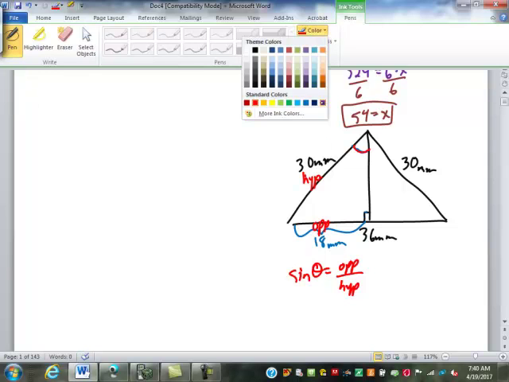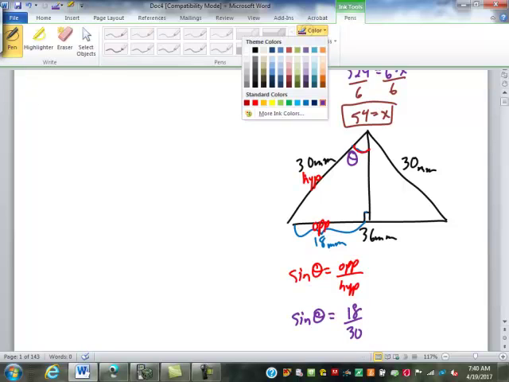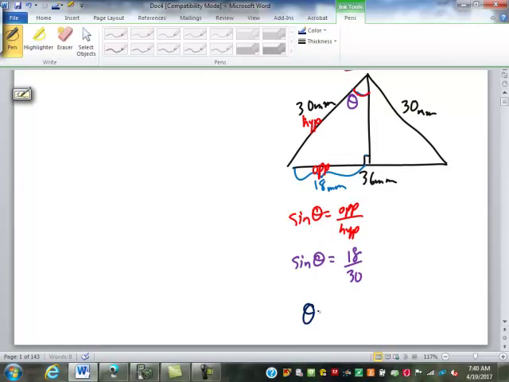I usually write out the formula, then I fill in what I know. And I am looking for the angle. Opposite is 18. Hypotenuse is 30. And so yes, this will be an inverse sine. Theta is the inverse sine of 18 over 30.